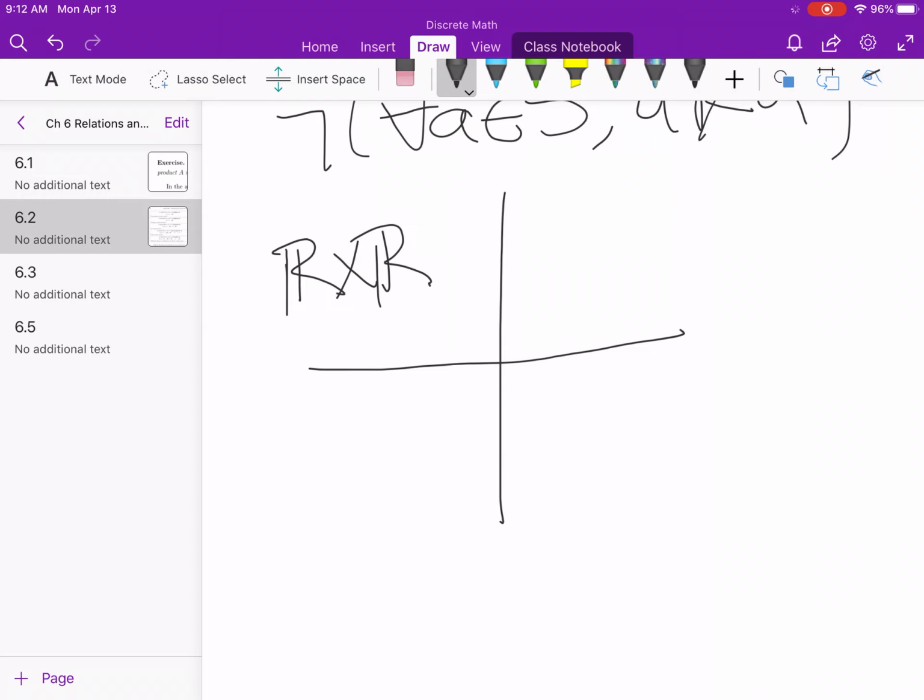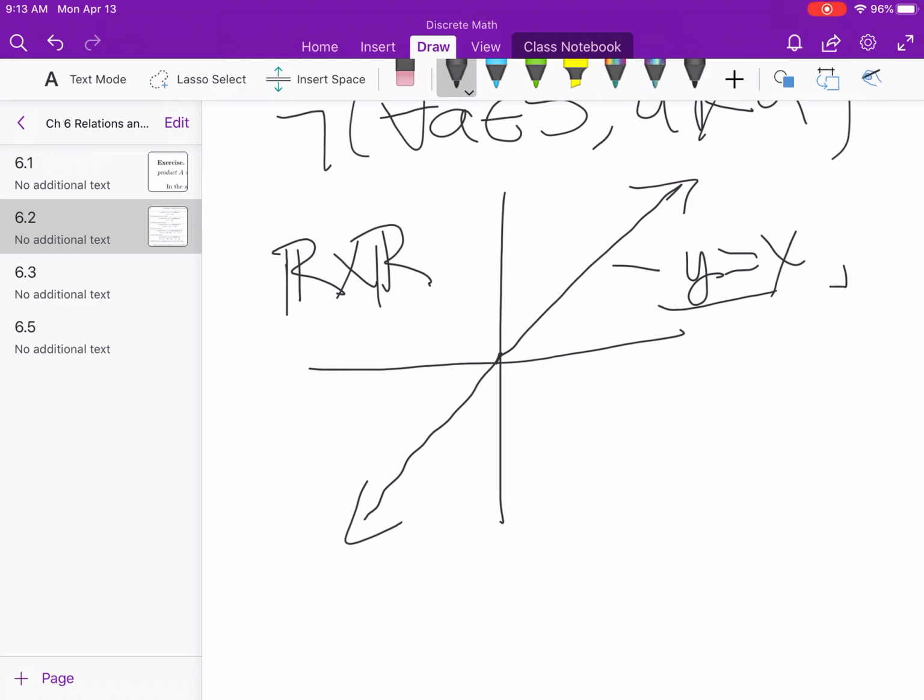This might be nice for illustration purposes. Imagine this line, y is equal to x or something like that. Well, this relation that I've made, y equal x, defined by this line, is reflexive, because everything on the line is related to itself.